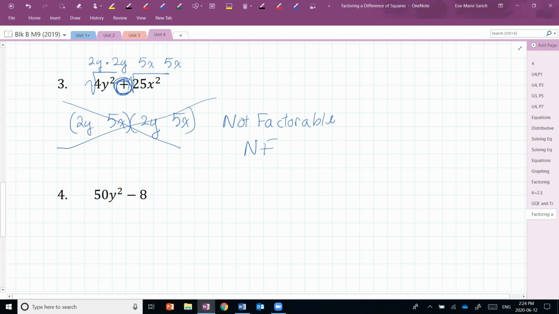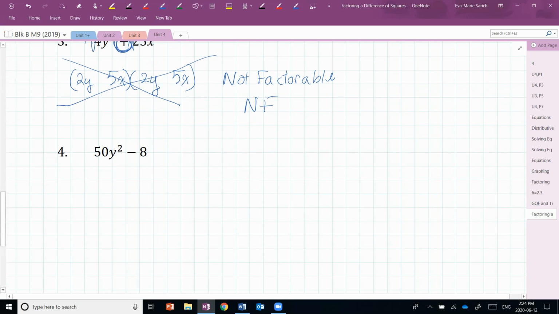Okay, let's look at the fourth example here. Now, in the fourth example, we can't take the square root of 50, and we can't take the square root of 8. That does not mean that this is not factorable. You may have to look for a GCF first. So remember, greatest common factor, we're going to break down 50 into 2 times 25.